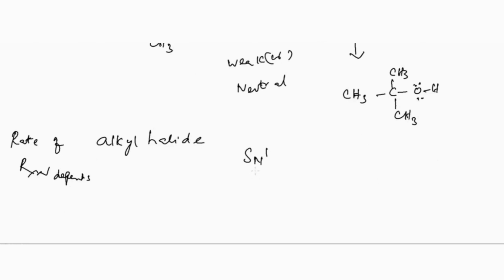That's why the rate of reaction depends on only one reactant, so we call it a unimolecular nucleophilic substitution reaction. Next, we should discuss the factors affecting the rate of the SN1 reaction, which we will discuss in the next class. See you.